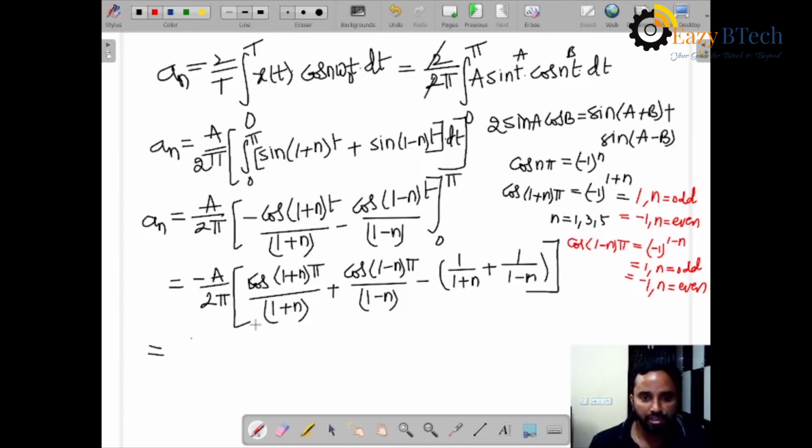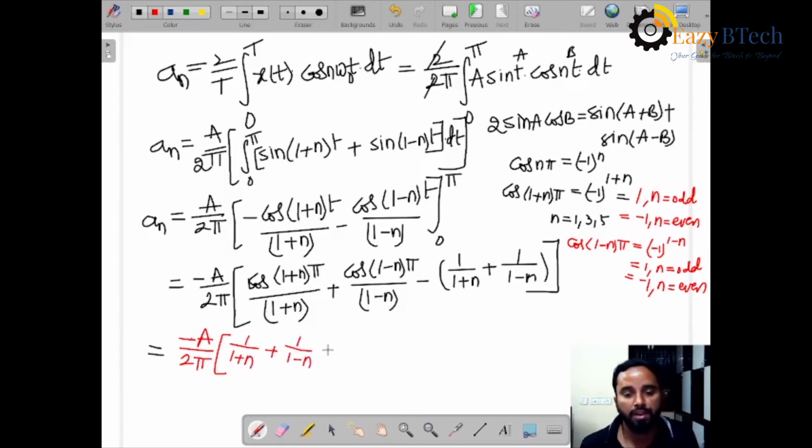So we are going to use the same clarity: minus a by 2 pi. Discuss n odd. If n is odd, what happens? Here 1 by (1 plus n) plus 1 by (1 minus n), minus of 1 by (1 plus n) plus 1 by (1 minus n).